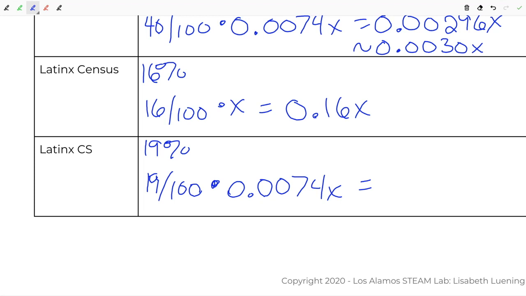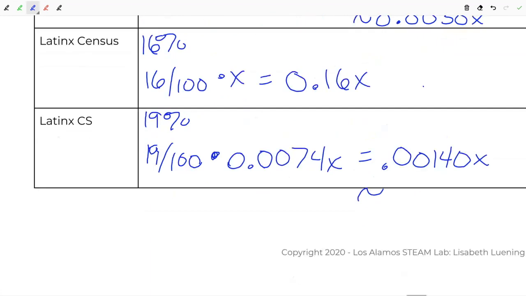So that becomes 0.00140X. We need to account for significant figures. It says 0.0014X of the people on my lawn are both Latinx and in the correctional system.